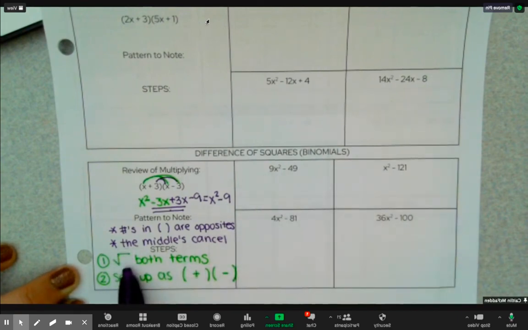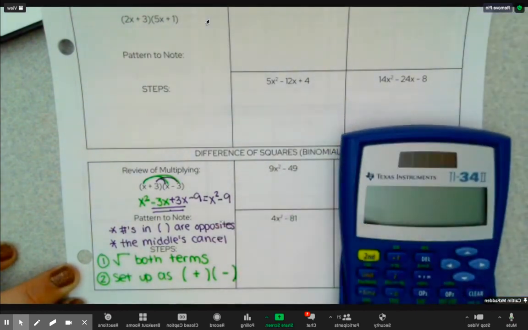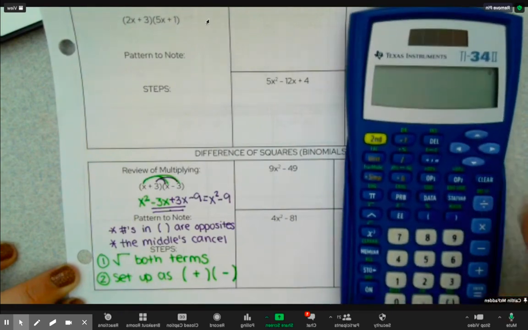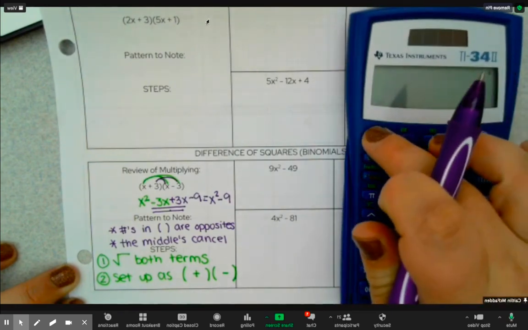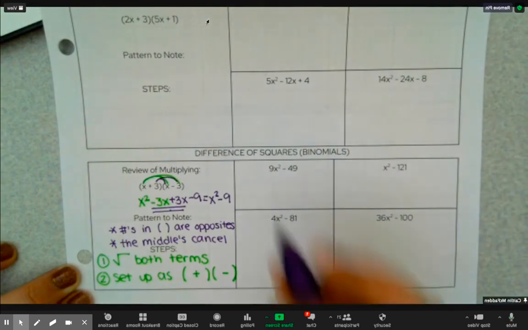So when you do the square root, I'm going to start with this one with a 9. The square root of 9 should be 3. But if you want to know how to do it in a calculator, you hit the second button and then the x squared button, which is on the graphing calculator on your Chromebook. I also don't mind if you Google what is the square root of 9. That's not cheating on the assignment.